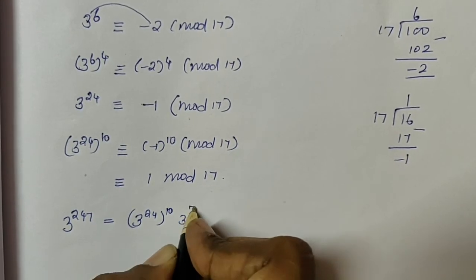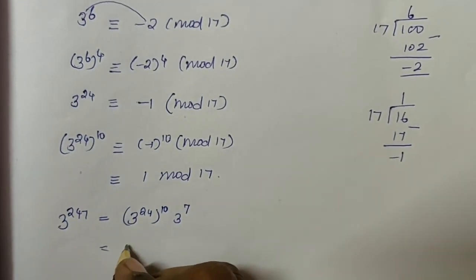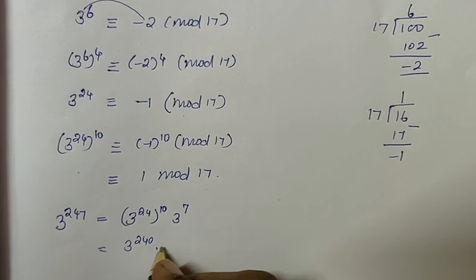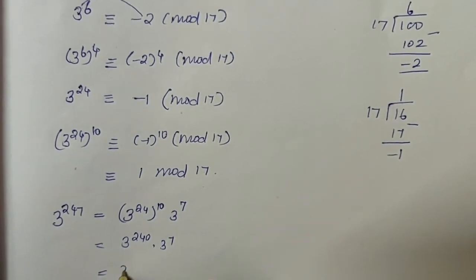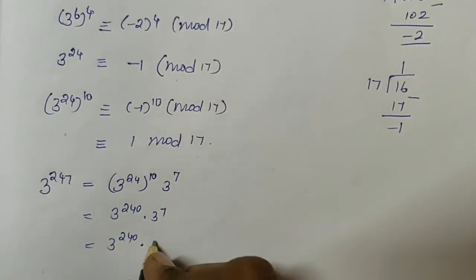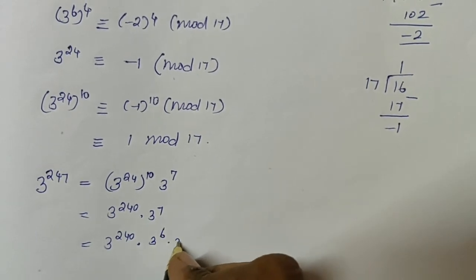into 3 power 7. That is 3 power 240 into 3 power 7. This 3 power 7 can be written as 3 power 6 into 3.